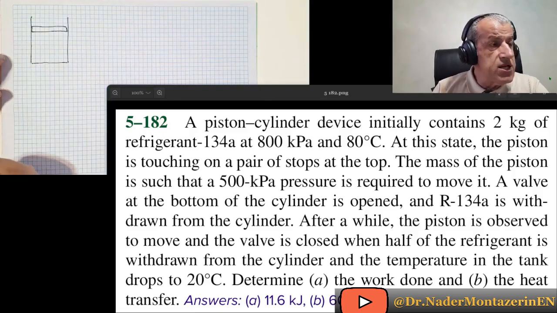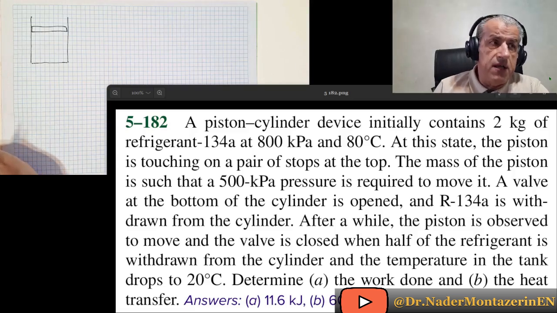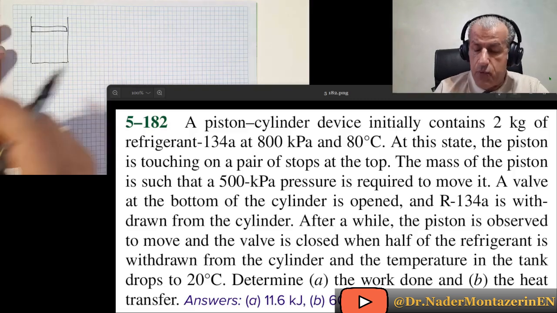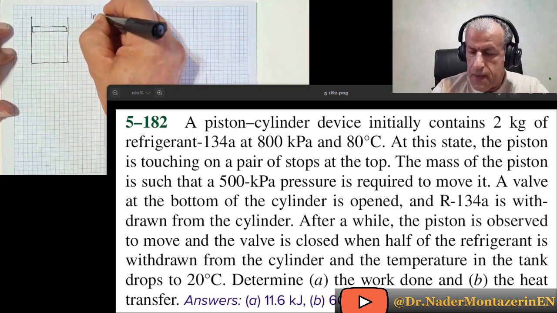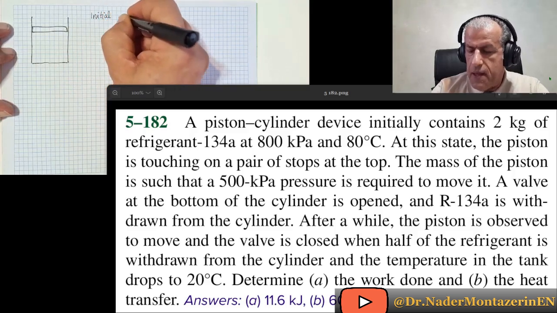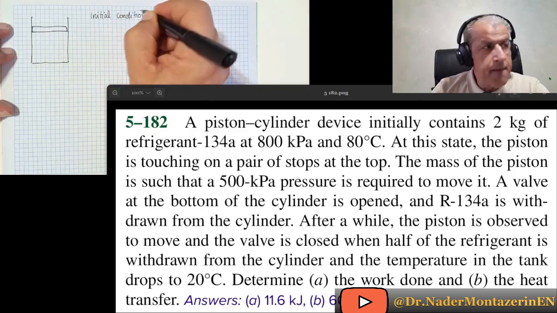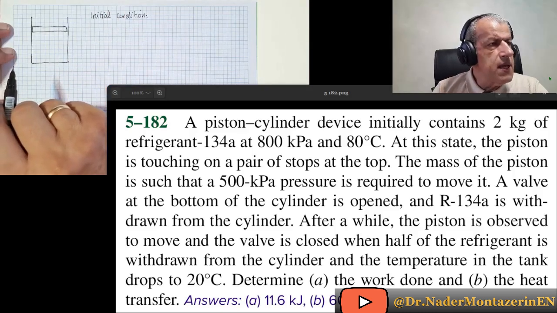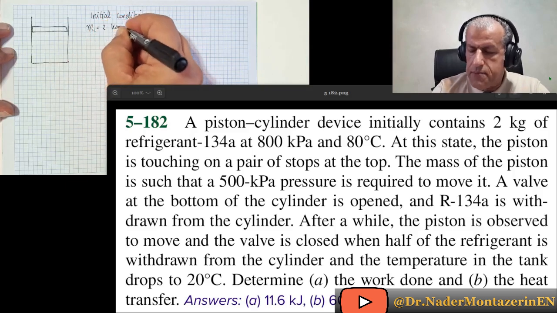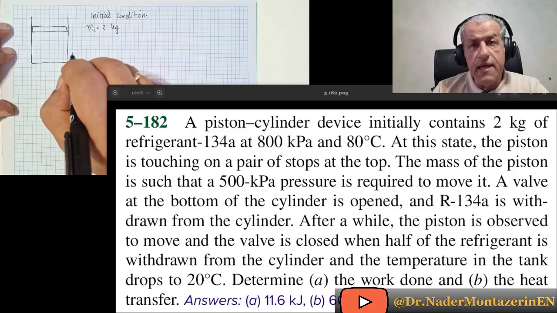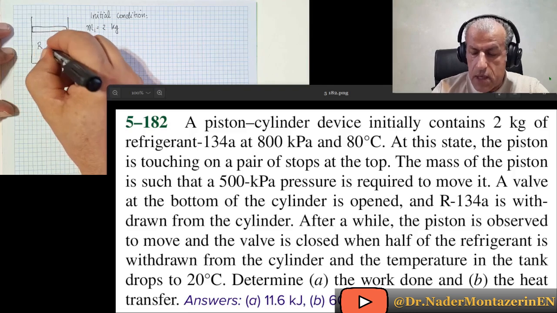And it initially contains, so we have initial condition and we have final condition, and we have to take care of both. Initially, the initial condition is that M1 equals 2 kilograms. And what does it have in it? It has R134A.